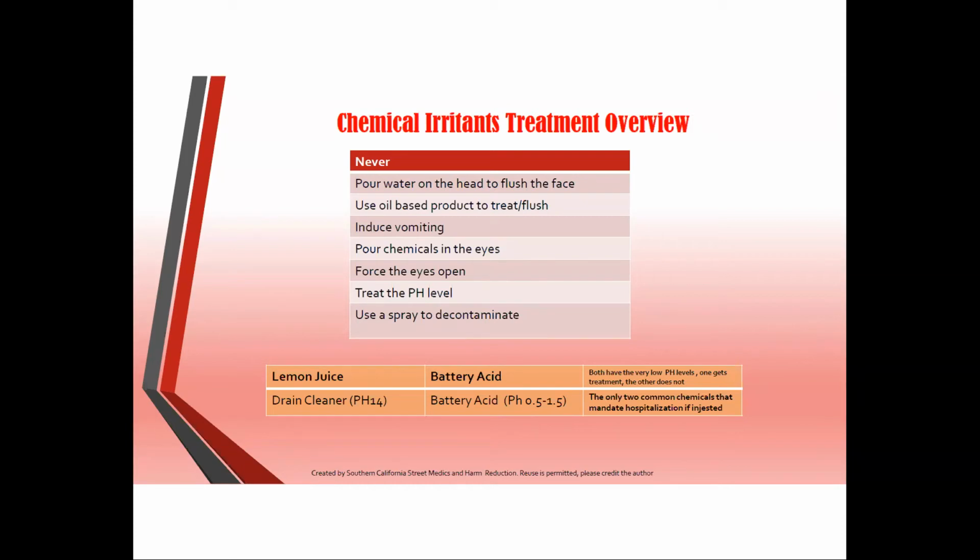So if we use a spray, remember, this is an oil-based product. If we use a spray that comes out of a bottle under pressure, we're going to move that chemical around on the skin. We're not flushing, we're not decontaminating. A spray from a spray bottle is not how we do it. A spray from a garden hose is how you would decontaminate, but we don't walk around with garden hoses.